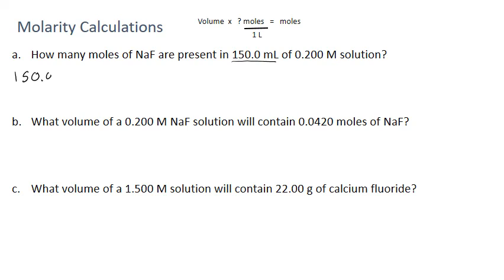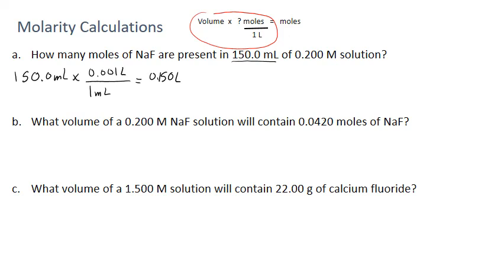Here's the 150.0 milliliters. That would get multiplied by 1 milliliter for every 0.001 liters. That works out to be 0.150 liters.